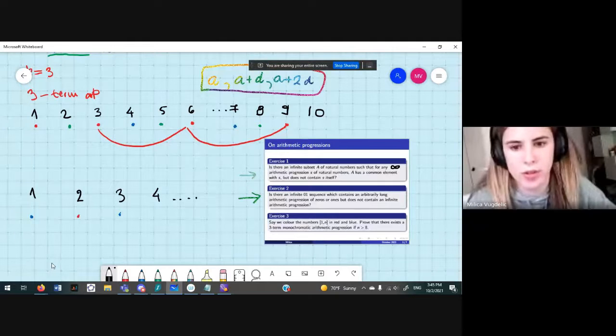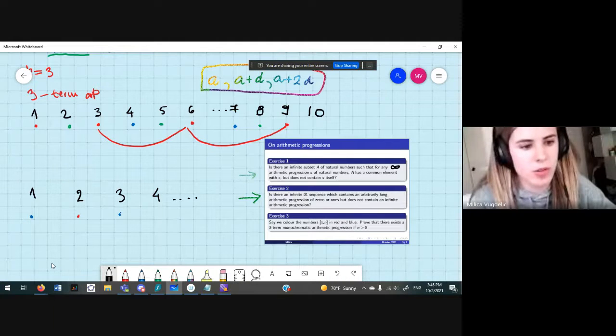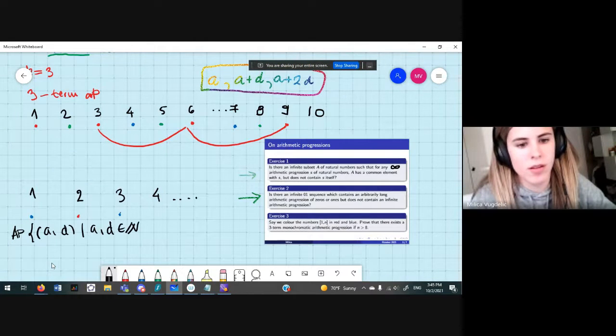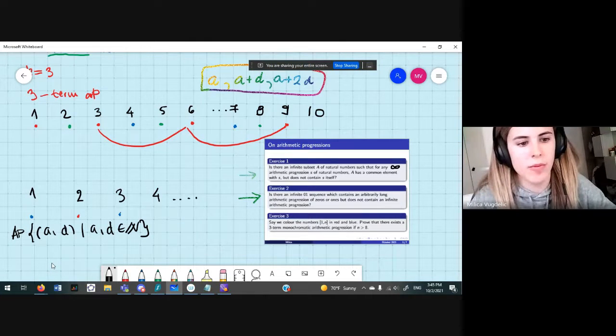I didn't understand how you plan on avoiding having A also contain an infinite arithmetic progression, because I understood that you will express all APs like this, as A and D. And because this is countable, you would just take a random term from each of them. But I don't understand how they plan on avoiding that.